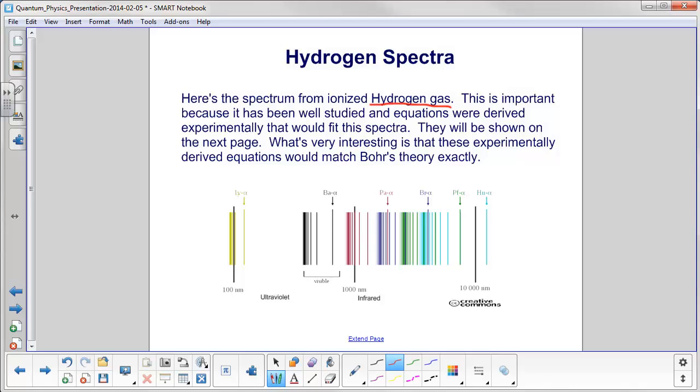That's going to be shown on the next page. What's very interesting is that these experimentally derived equations would match Bohr's theory exactly. And what we have here, here's the ultraviolet spectrum, here's infrared, and this little narrow piece is the visible spectrum. So you would see these spectra with your eye, and everything else would be out of the range of your eye.